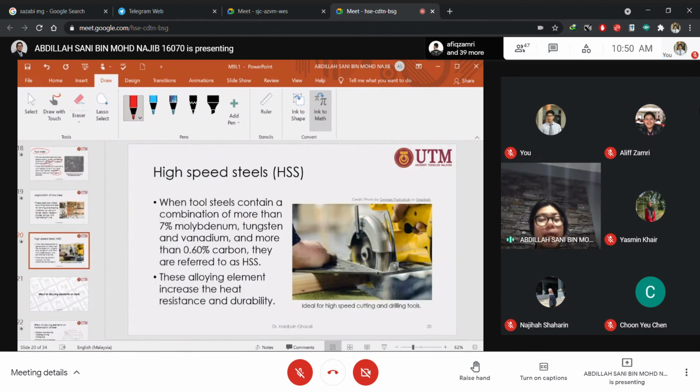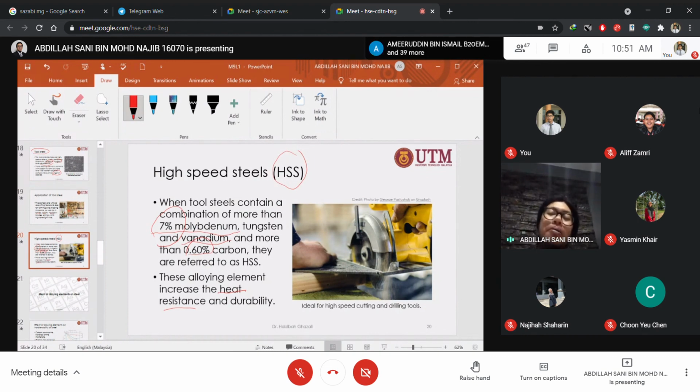And if you add, this is the final one, the effect of alloying we will continue in the next class. If we add a combination of moly, tungsten, and vanadium, more than 7%, and carbon more than 0.6, we have HSS, high speed steel. It is a tool steel, almost the same, but it has heat resistance.